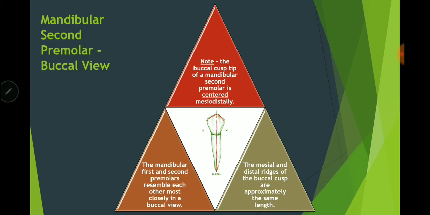Those lines are almost equal in length. The mandibular first and second premolars resemble each other most closely in the buccal view. When you go to the lingual, it's a different story, but in the buccal view, mandibular premolars resemble each other. They have a pentagonal shape.